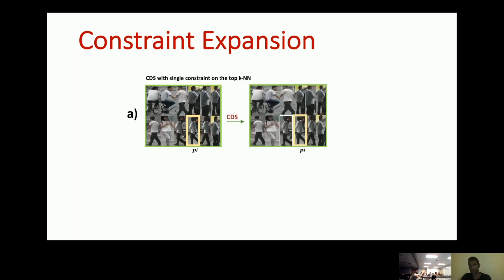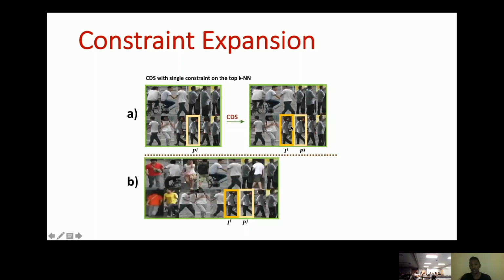From the members of the constrained dominant set, you take the one with the highest membership score of the cluster and consider it as a constraint for the second step. The second step is going to use both constraints, the old one and the new one, and we apply constrained dominant set on the entire gallery image set. And we consider the solution of this constrained dominant set as our final rank.